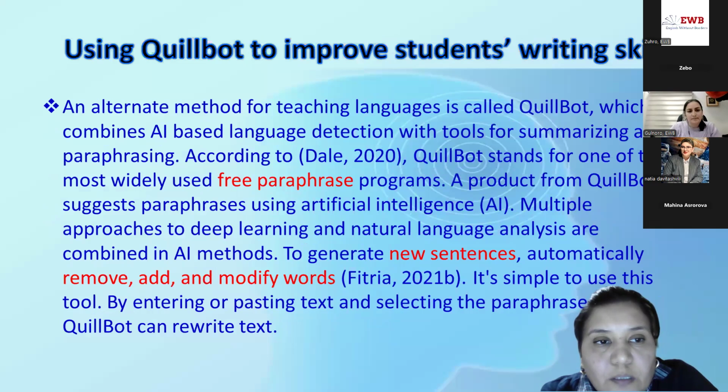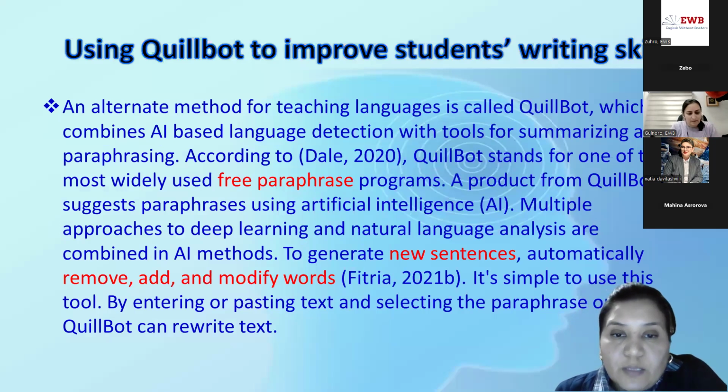One of the useful advantages is free paraphrasing. With paraphrasing, students can improve vocabulary and sentence structure, how to write correctly, grammar skills, and so on. It can generate new sentences, remove, add, and modify words, giving the opportunity to improve grammar and enhance paraphrasing skills during writing.